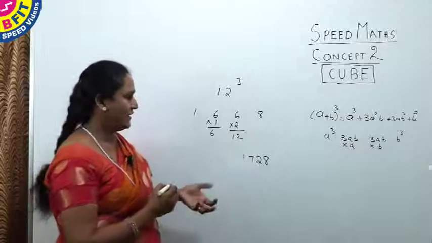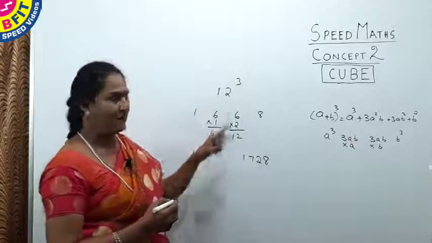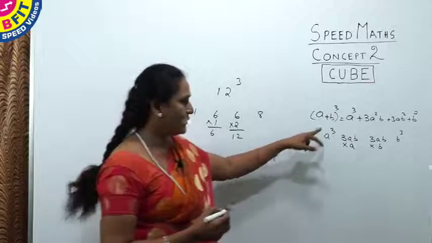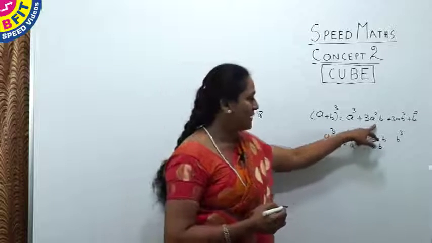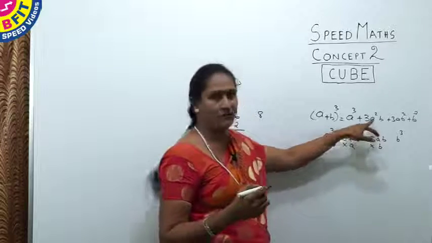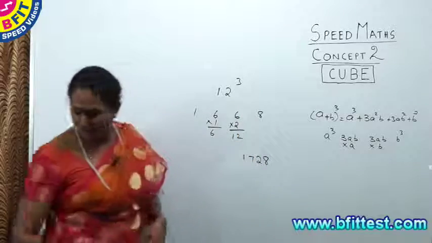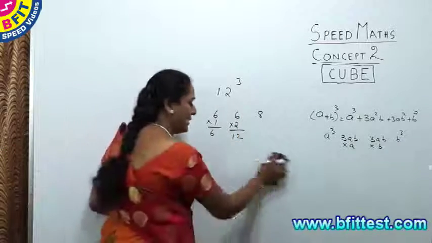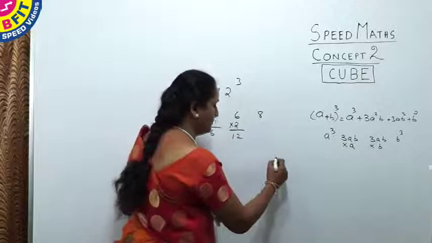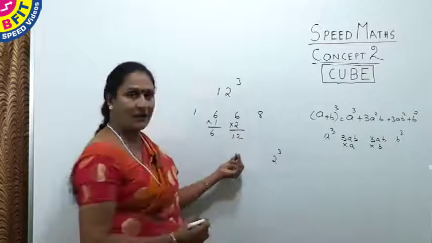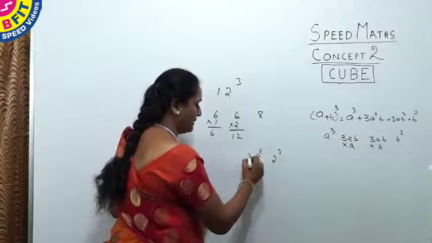When you check here, we have used this pattern to work out, but whenever you have 1 here, you can use the same pattern. Because a is 1, the multiplication will be reduced. But here, as it is 1, this 8 is 2 cube, and 12 can be written as b square into 3.